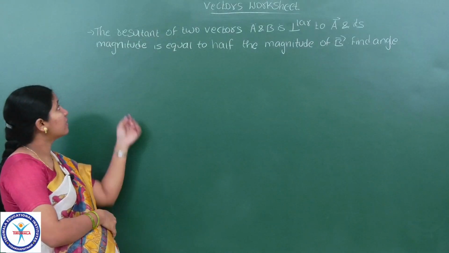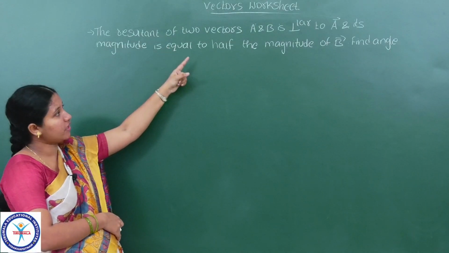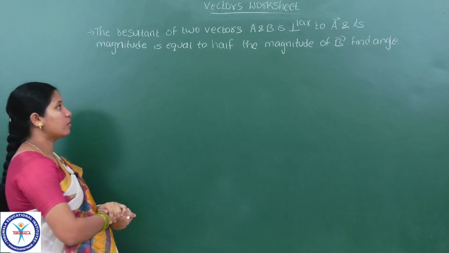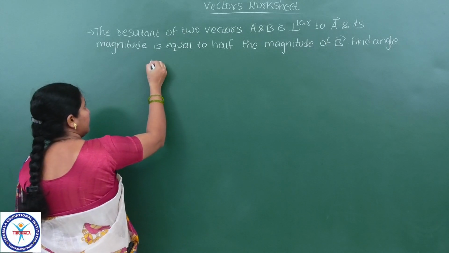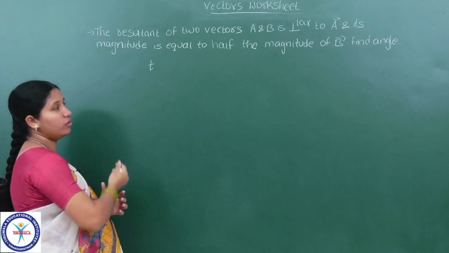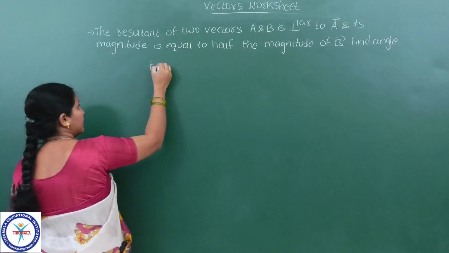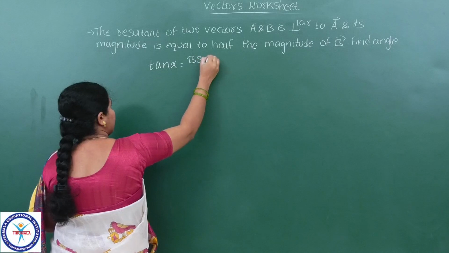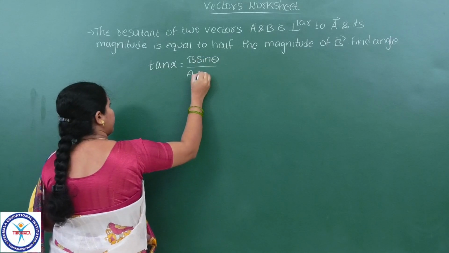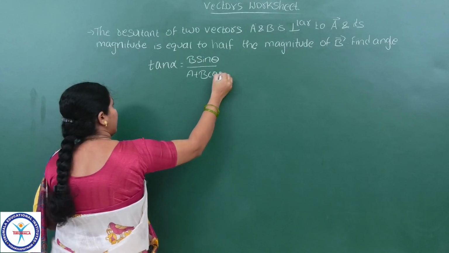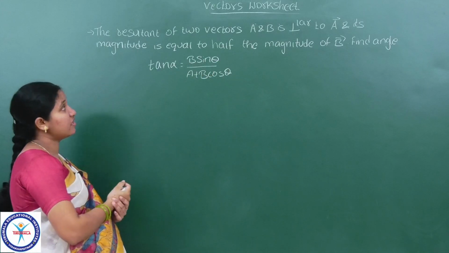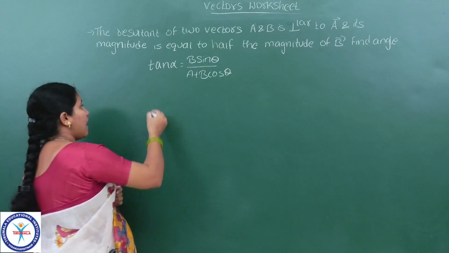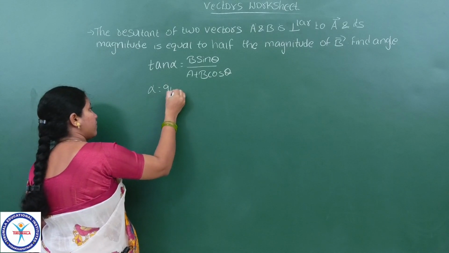The question given is the resultant of two vectors A and B is perpendicular to A bar. So the direction of the resultant is perpendicular to A bar, which means we can write that the direction tan alpha is equal to B sin theta by A plus B cos theta, and given the direction is perpendicular to A bar, the alpha becomes 90 degrees.